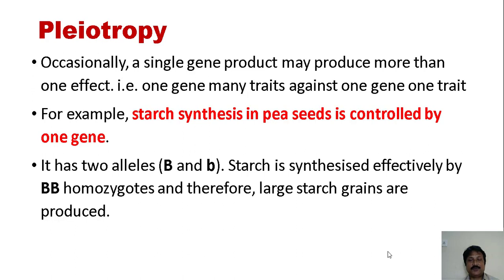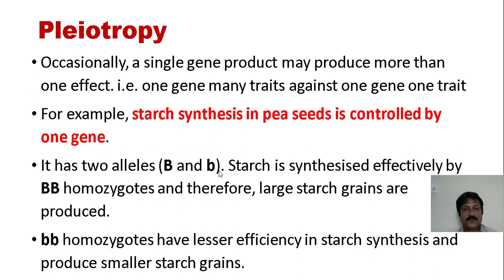Large starch grains are produced when the alleles are homozygous, that is, if the combination is capital B. Whereas, if it is small b, then there will be lesser efficiency in starch synthesis, and due to this, it will produce smaller starch grains.